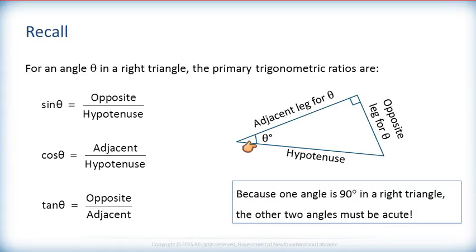One point of note for a right triangle is that other than the right angle, the other two angles are always acute. The problem with angles of rotation that we've been talking about in our previous recordings is that they're not necessarily acute angles. Let's see how we deal with those.